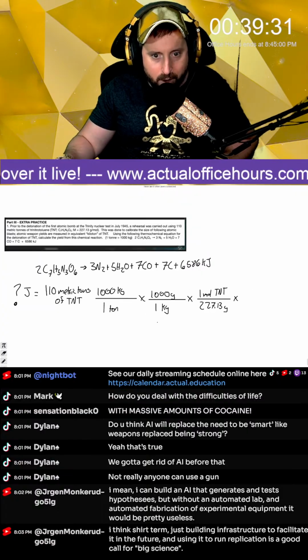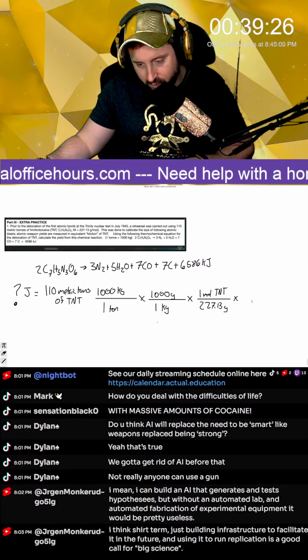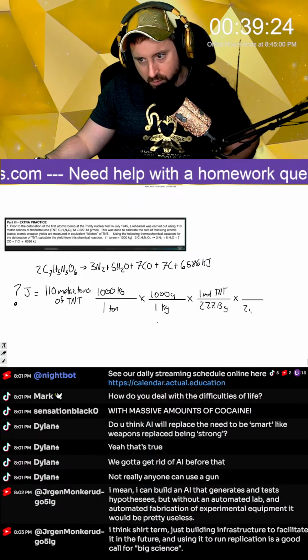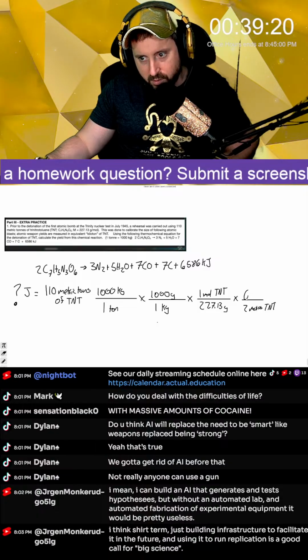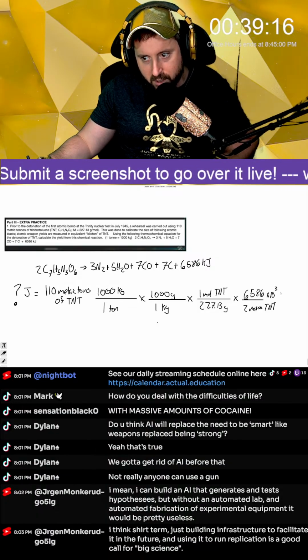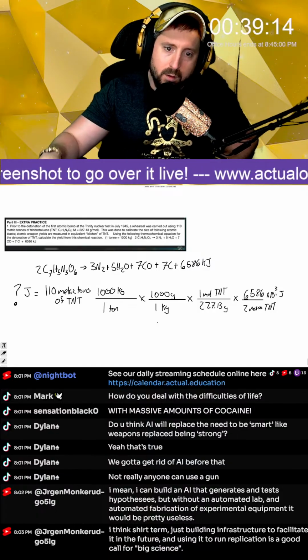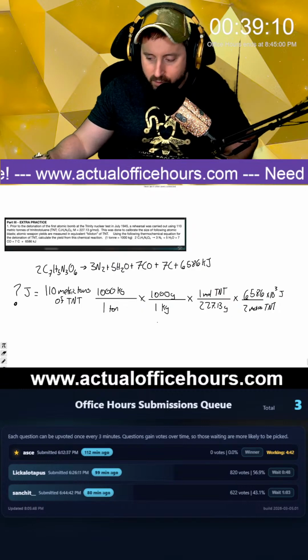And then for every 2 moles of TNT, I have this many joules. So 2 moles TNT is 6,586 times 10 to the 3 joules. Okay, cool. So now we're good because everything cancels, right?